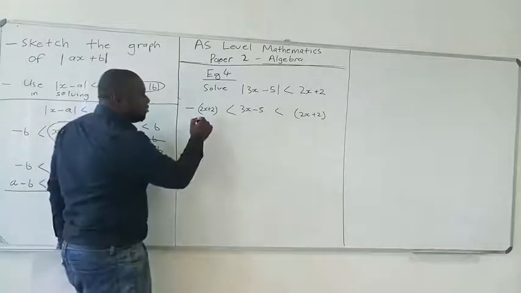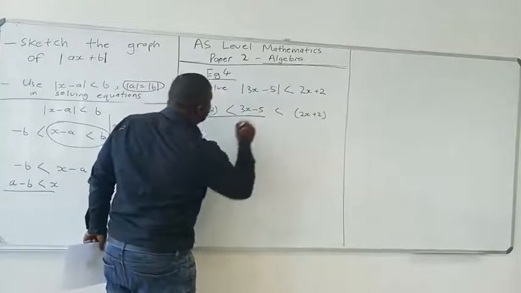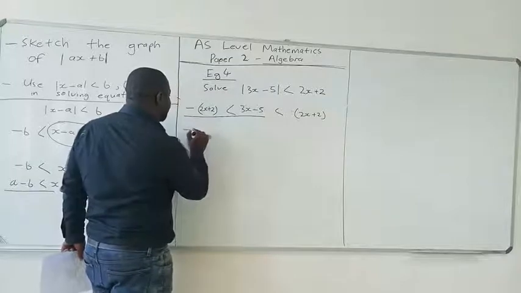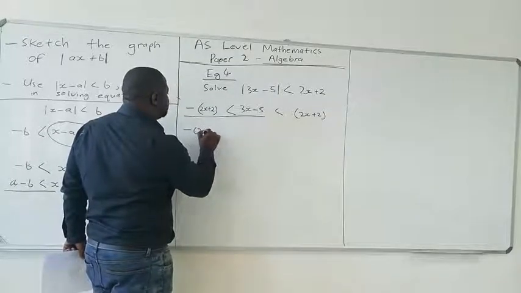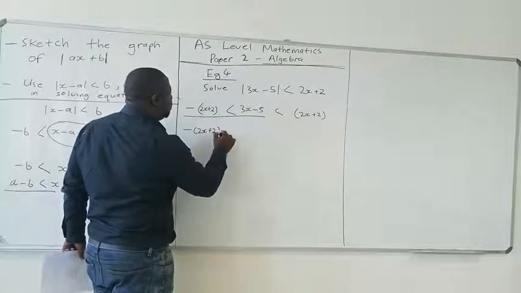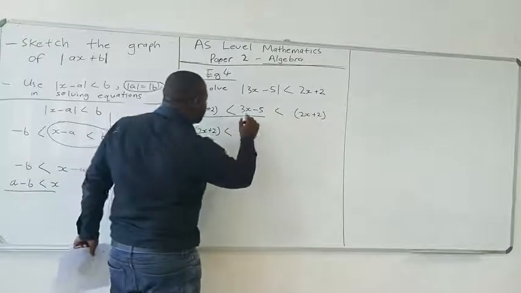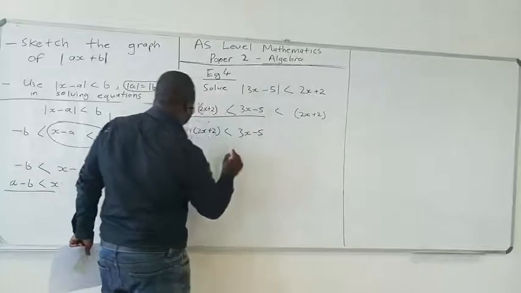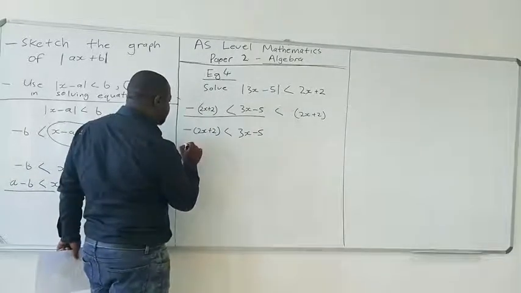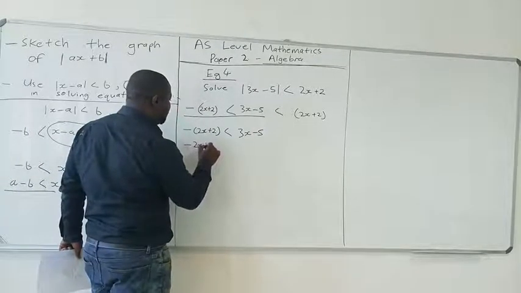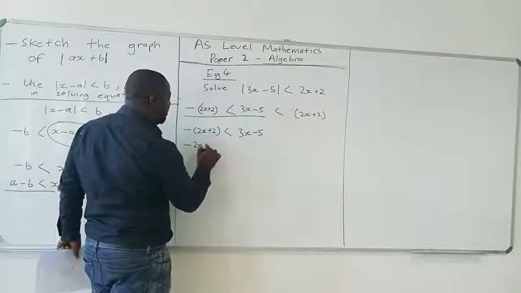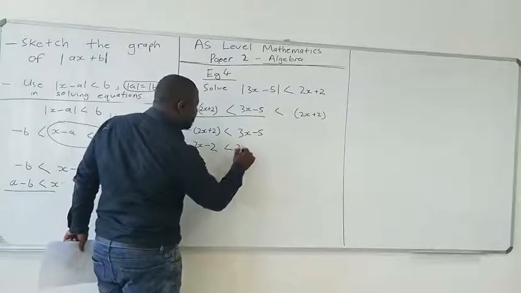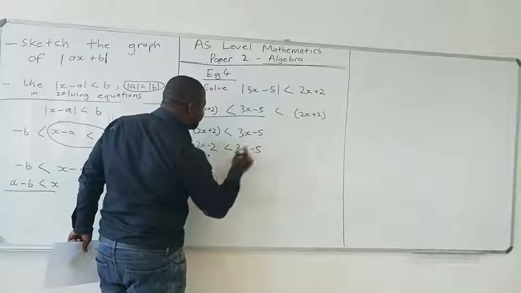And from there, we focus on the first aspect, which is negative of 2x plus 2 is less than 3x minus 5. We expand the bracket, it becomes negative 2x minus 2 is less than 3x minus 5.